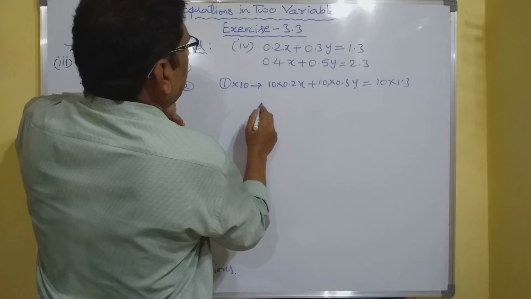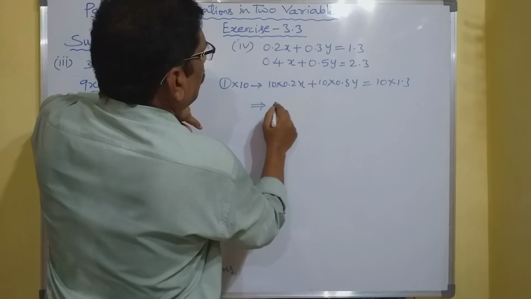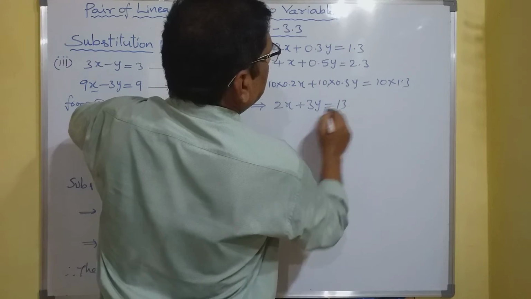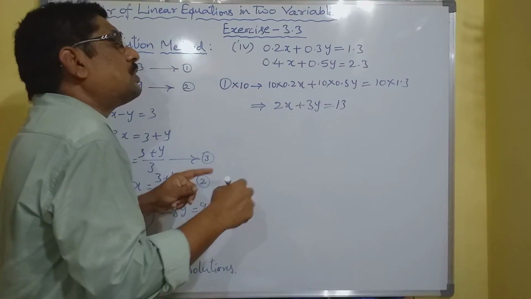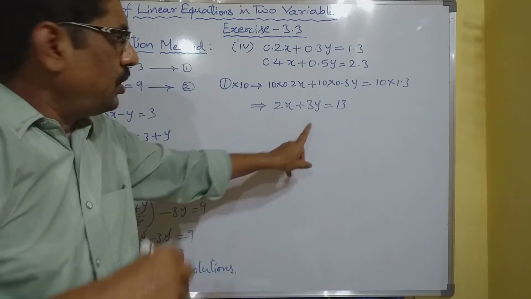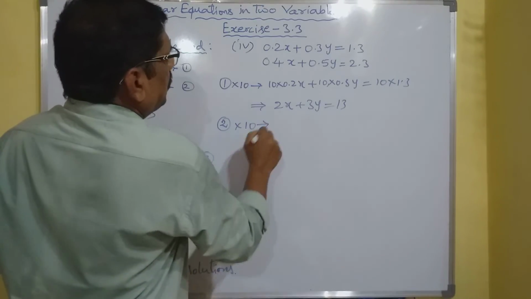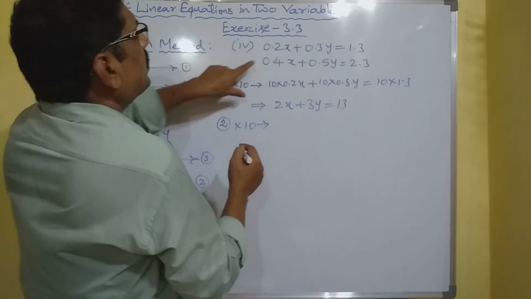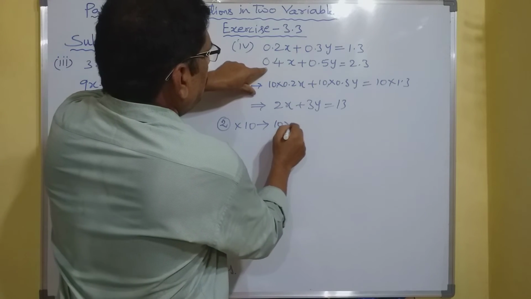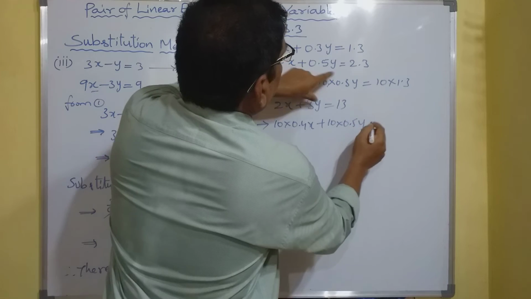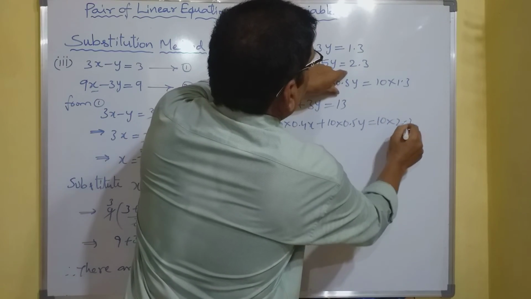So this will be 2x, 3y, 13. So the first equation has become like this. Now the second equation also, if you multiply with 10, you will get 10 into 0.4x plus 10 into 0.5y, 10 into 2.3.